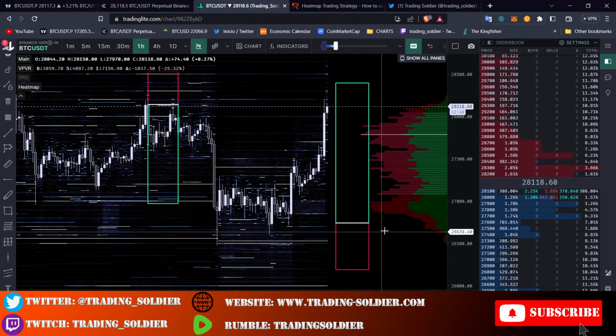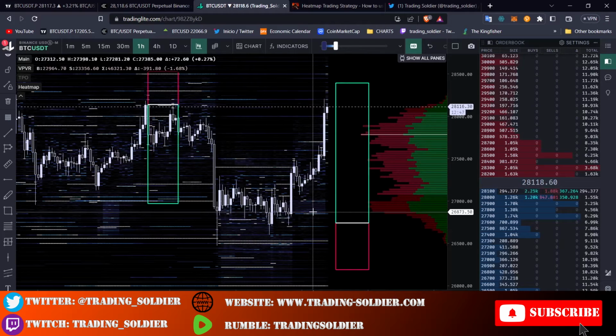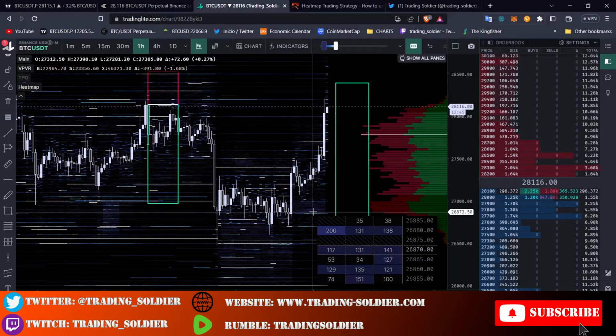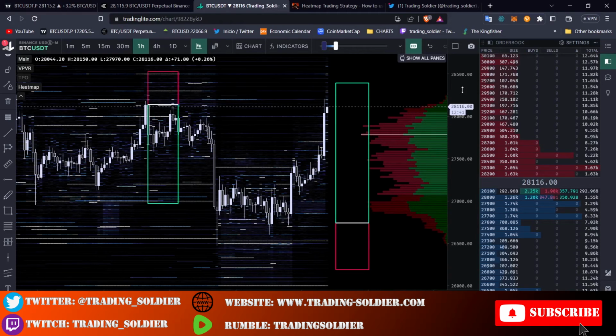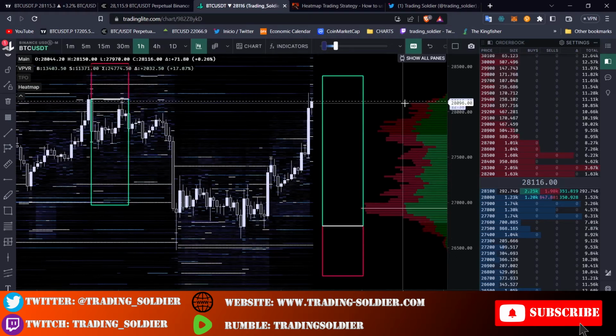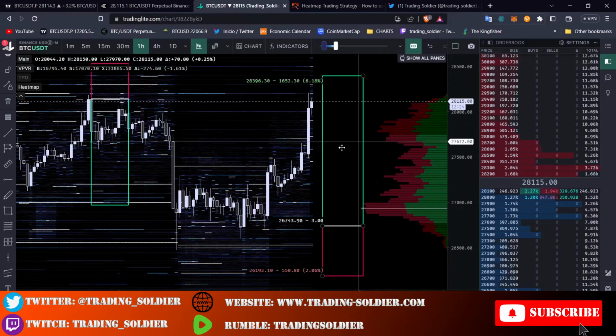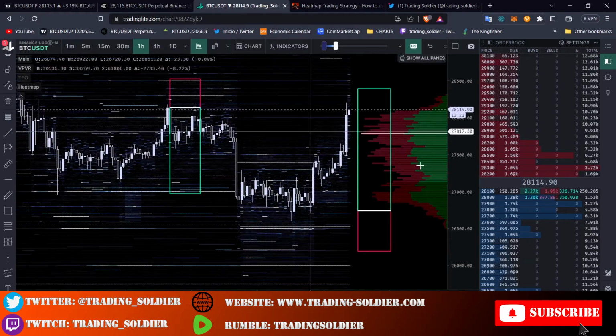One thing to take into consideration, one thing that is more important here in the heat maps is spoofing, okay? Spoofing is a practice very common in cryptocurrencies. It was also common in legacy markets such as Nasdaq or S&P 500 or other kinds of markets. So spoofing consists, for example, of this.